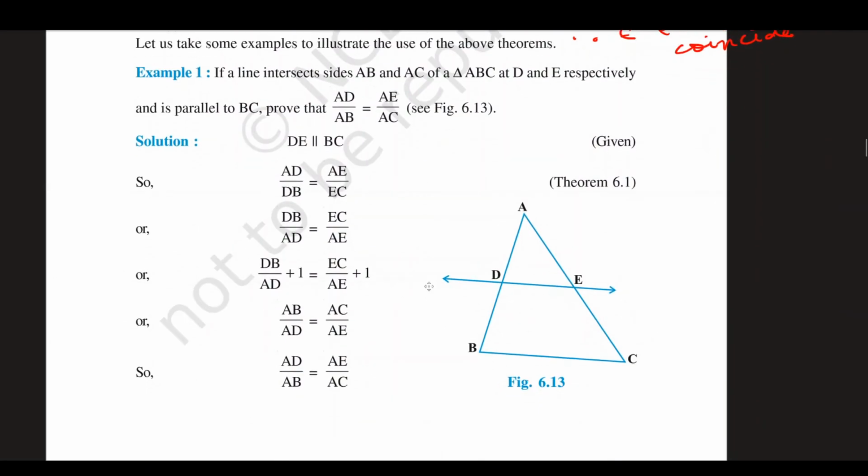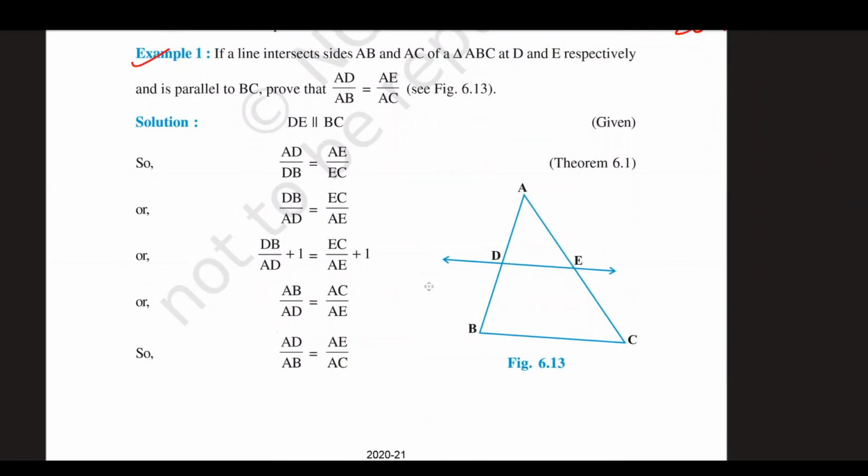Okay, so we move on to example number 1. It is saying that if DE is parallel to BC, we have to prove this thing. If DE is parallel to BC, we know that AD upon DB is equal to AE upon EC. Now just reverse this, replacing denominator with numerator and numerator with denominator.